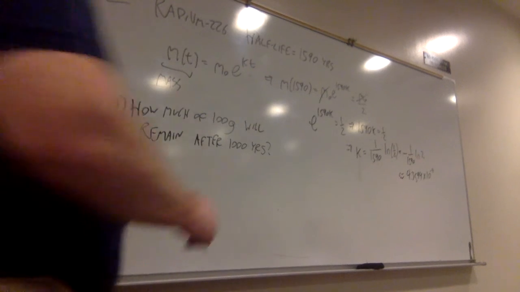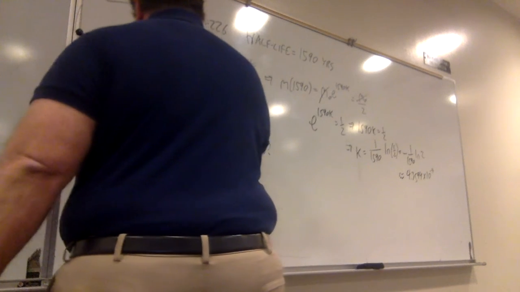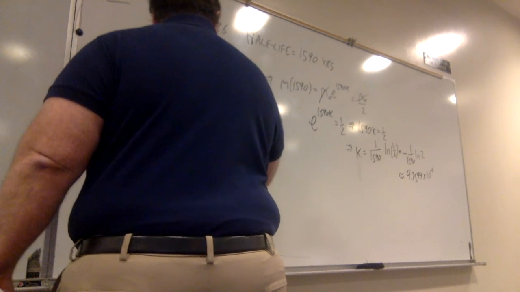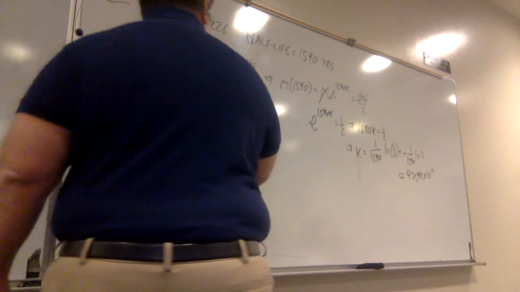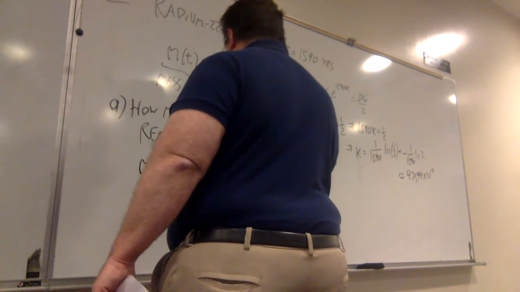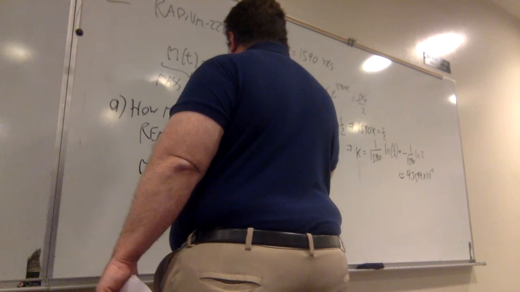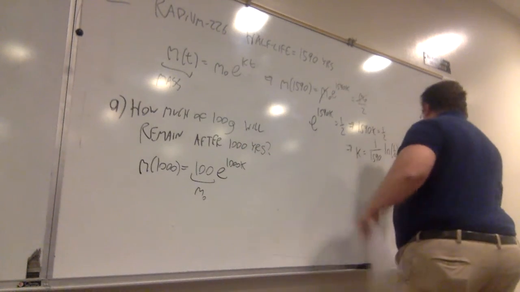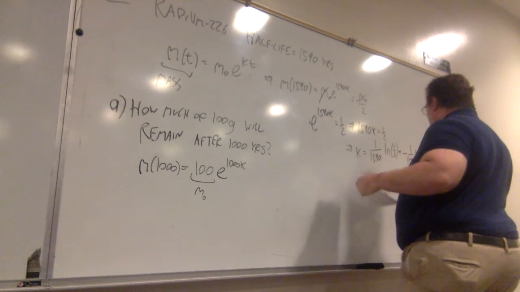So in that case, all you have to do is just plug in t equal 1,000. So that's going to be 100, the initial amount, this is your M naught, times e to the... Is that negative? Yes, it should be negative. Oh, I see what happened. In my notes, I had the absolute value.